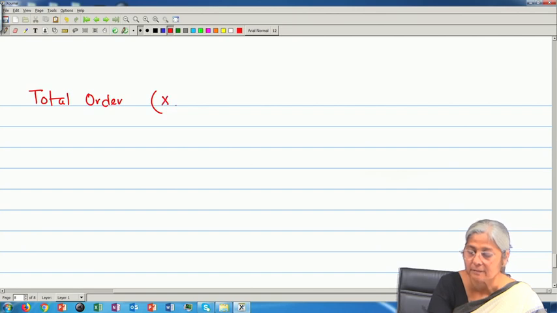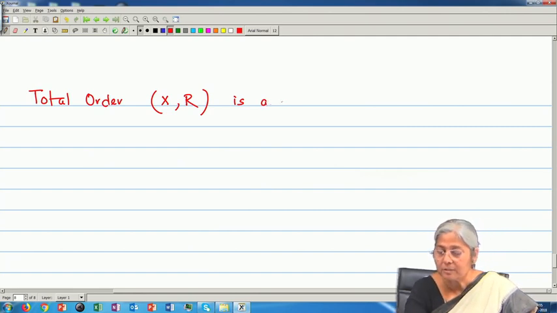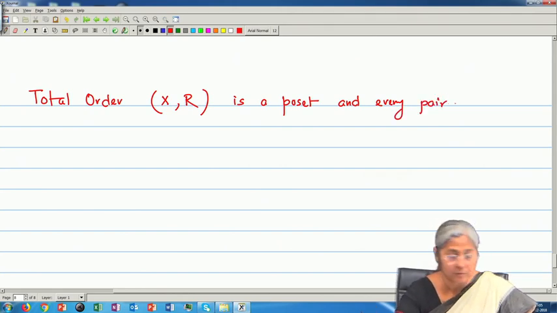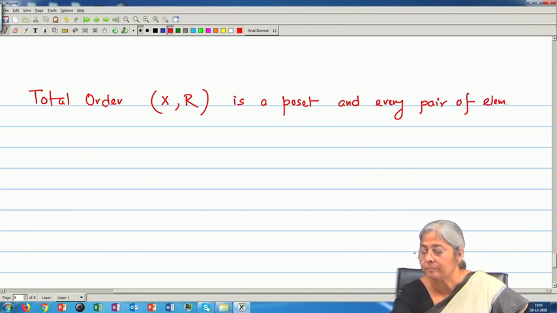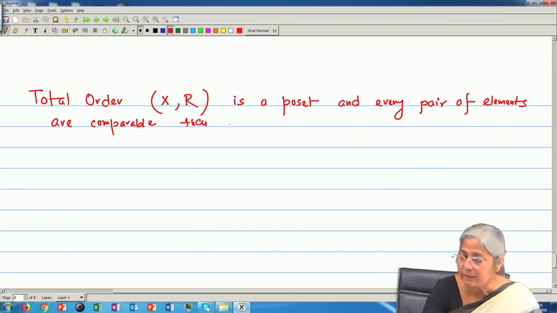Say for a set X, I take a relation R that is a poset and every pair of elements are comparable. Then X is called totally ordered.